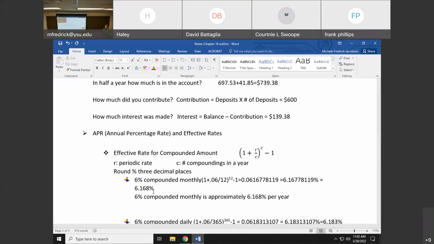So if we found how much we make in a year, by a month, how much we would by the year, they'd be pretty close. Any questions on that? So yeah, I would ask you to explain what it means.